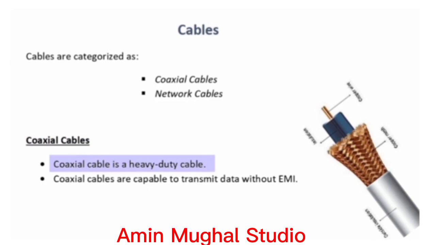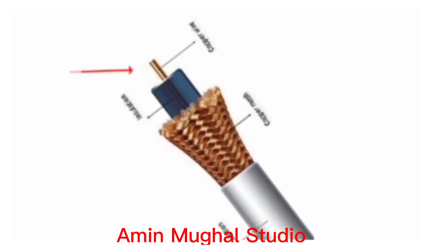Coaxial cables are a type of heavy duty cable that is used to transmit signals. If we talk about the inside of the cable, the inner part is the conductor, which is made of copper metal. Then this conductor is surrounded by a lightweight plastic dielectric material, or in simple words, an insulating material.